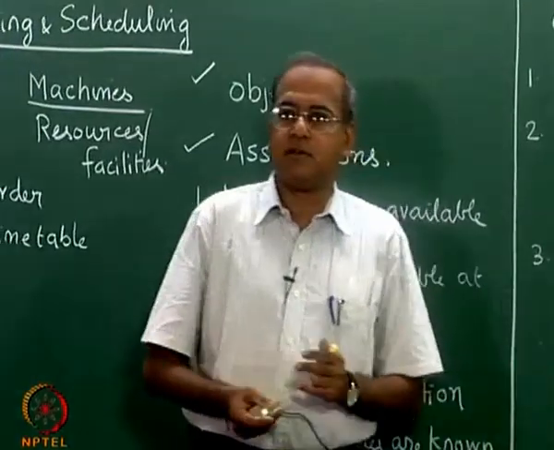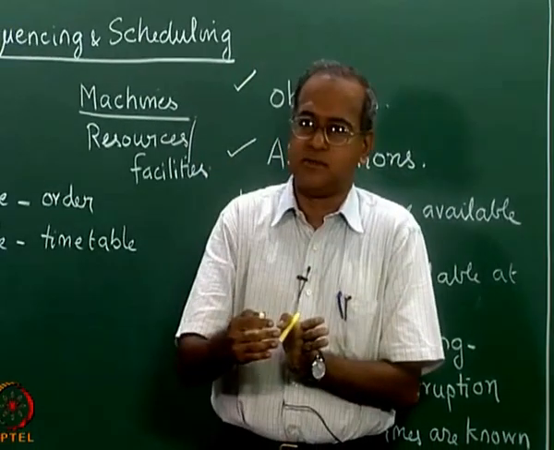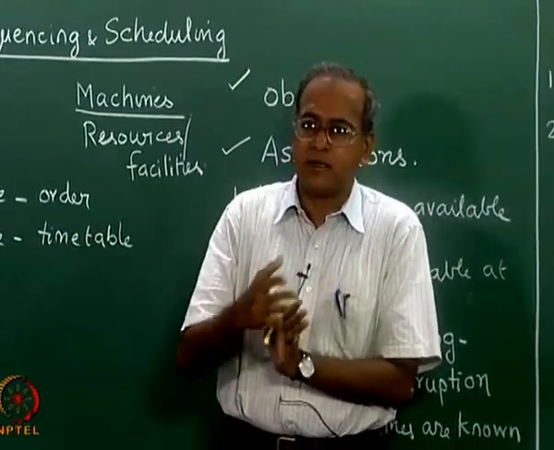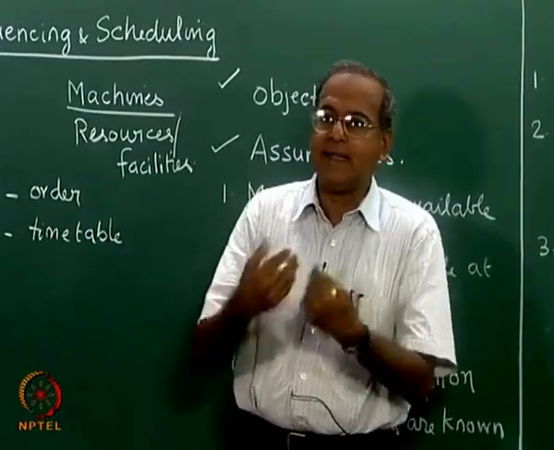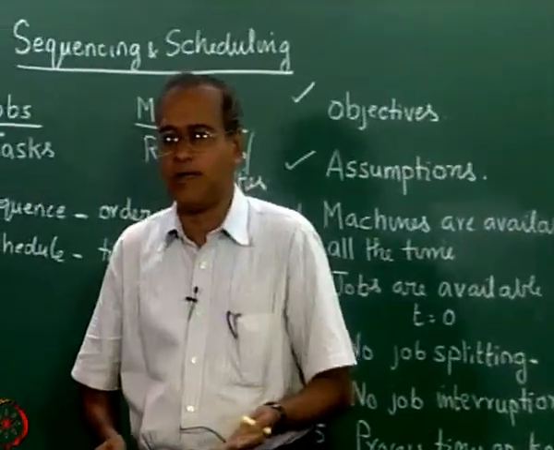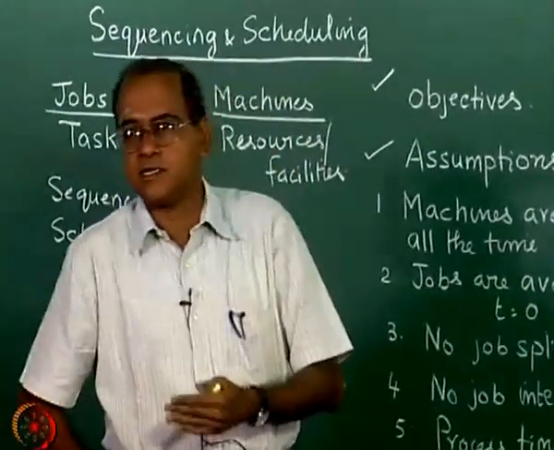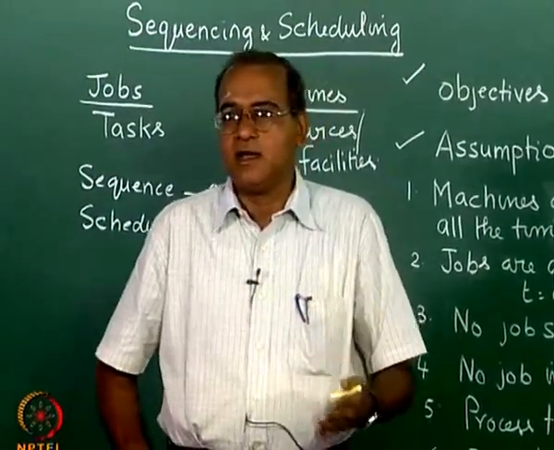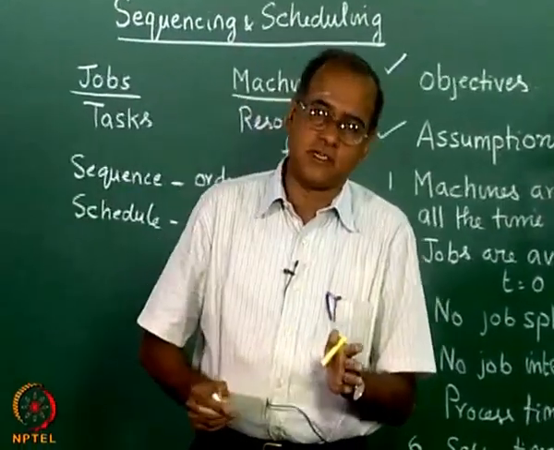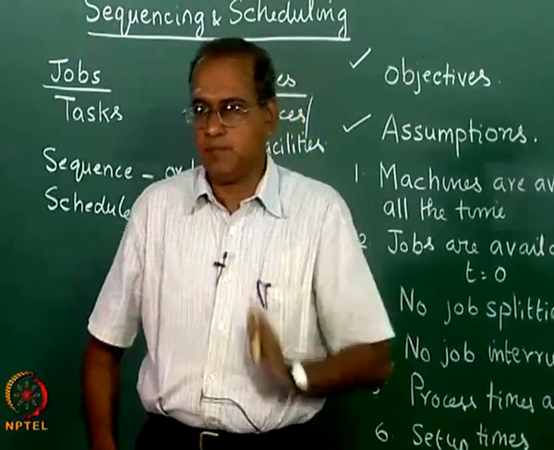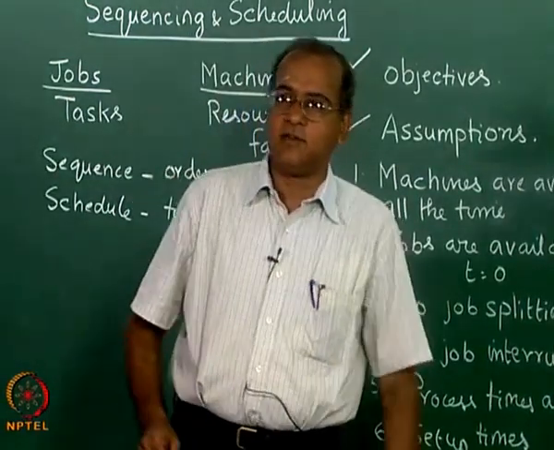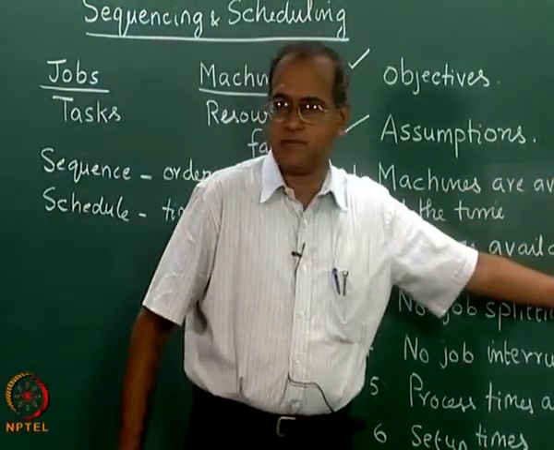Obviously we want to meet the due dates, because not meeting the due date is going to create a lot of trouble for manufacturing. With any delay, the customer is not willing to wait. We have already seen that the customer is extremely demanding, and therefore it is the job of manufacturing to try and finish all their activities within time. So, the primary objective is to avoid delays.